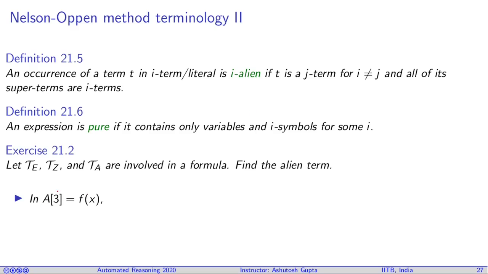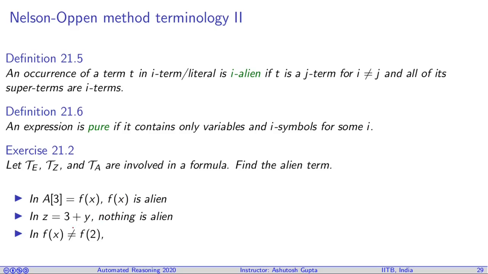So consider this. This is my equality, and the left-hand side has a top function read. Therefore it belongs to the theory of arrays. Therefore this is an alien term, and it is coming from the theory of equality. Similarly, z equals 3 plus y.